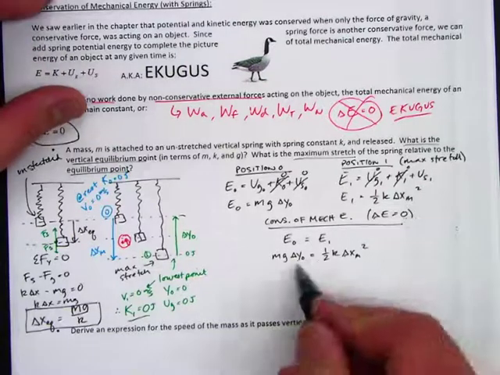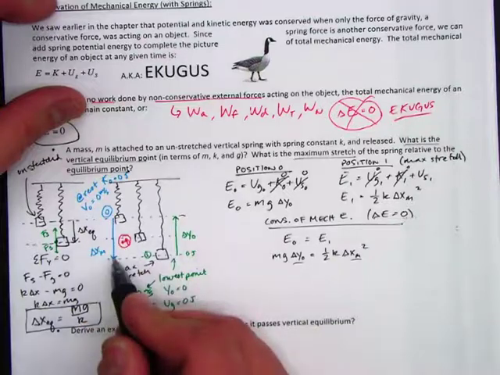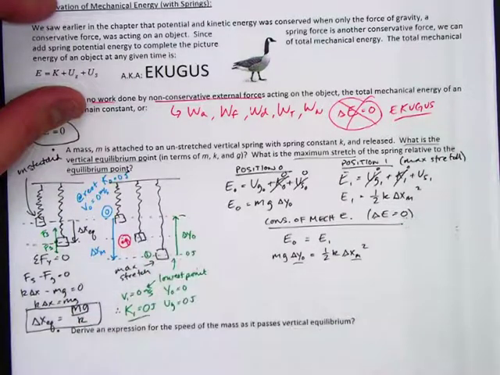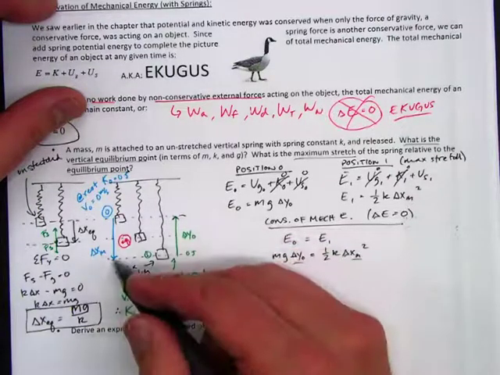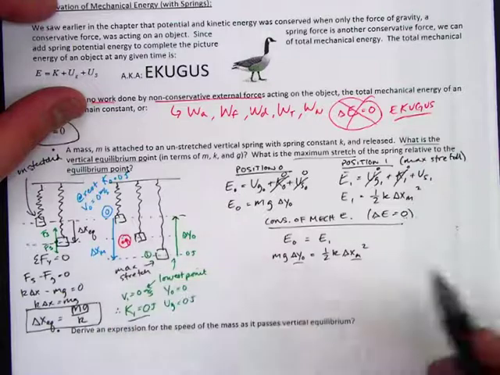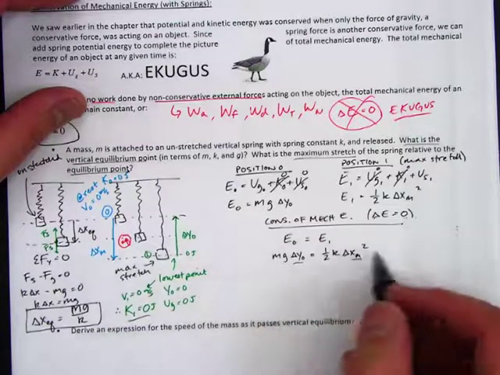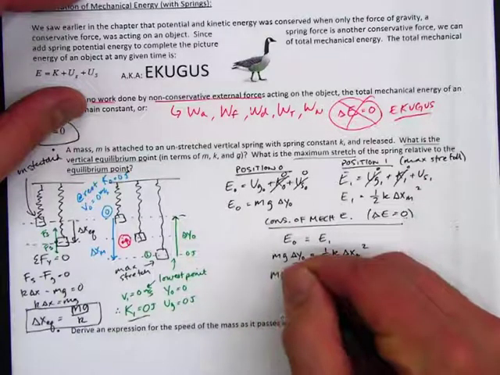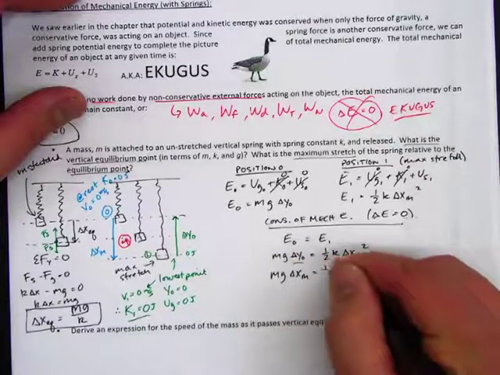Okay, now, how can I relate these two values? Well, I know that delta x stretch is the same magnitude as my delta y. So now this is measured as positive from here. This is measured as positive in terms of my stretch. And so I'm going to replace this y naught with a positive delta x max.